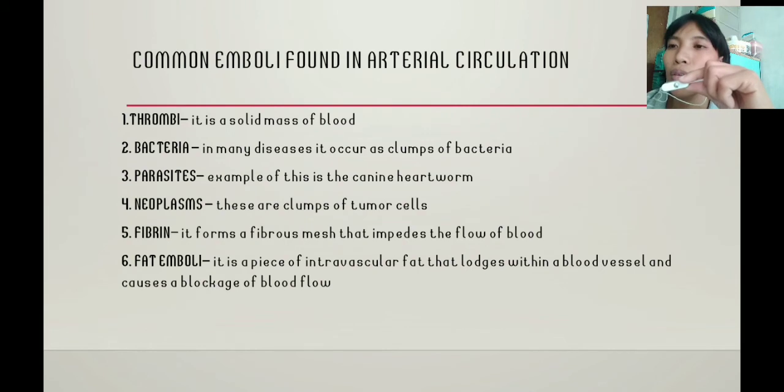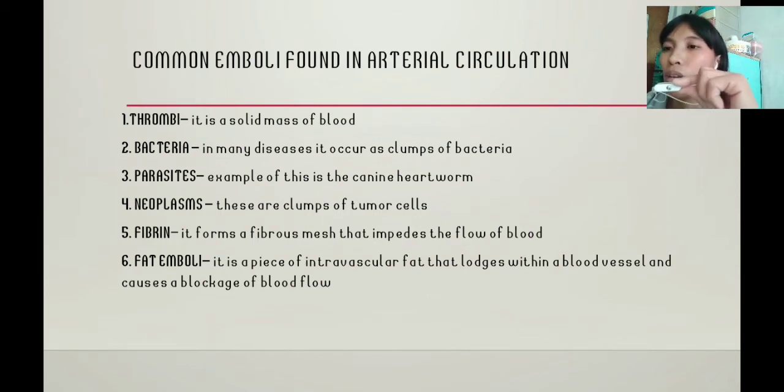Next, we have common emboli found in arterial circulation. Number one, thrombi. As I have mentioned earlier, this is the most common cause of embolism, which also gave rise to the term thromboembolism. Number two is bacteria. These emboli are frequently observed in many diseases and occur as clumps of bacteria.